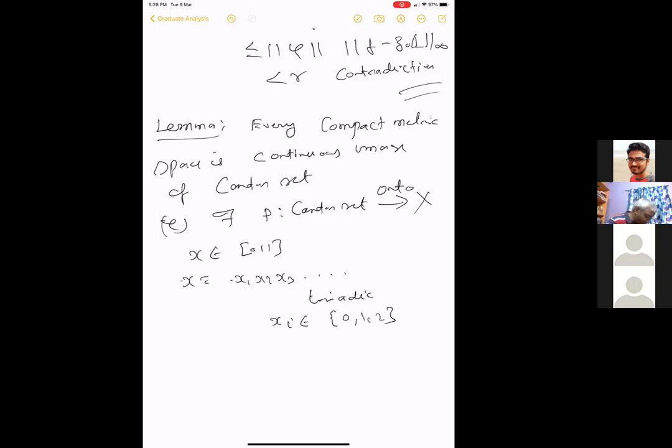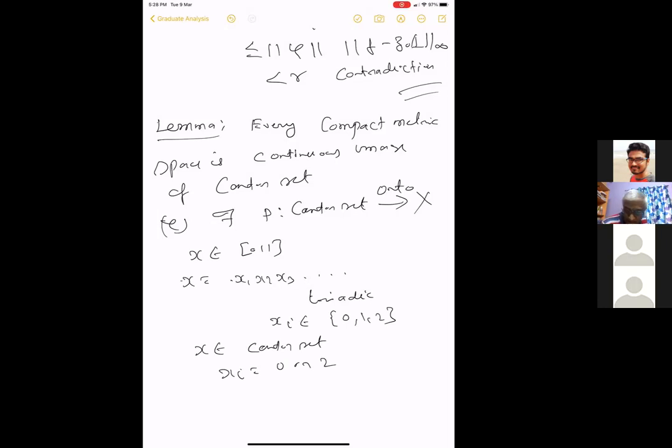If x is in the Cantor set, then xi is equal to 0 or 2. The middle one doesn't occur. So you have a triadic expansion, not a base 10 expansion, a base 3 expansion of any number in [0,1], and that expansion contains only 0 or 2.